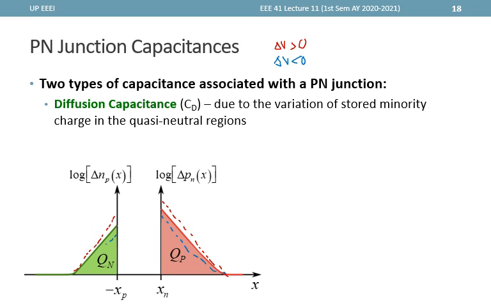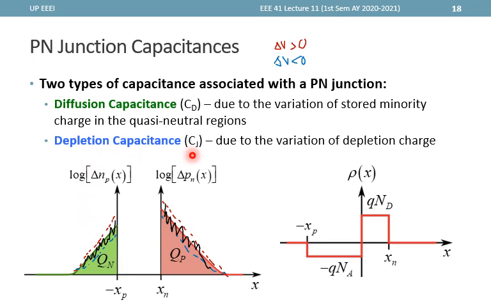And so, if we apply some sinusoidal delta V of some magnitude, then the differential charge we are actually talking about is this charge right here, and not the current DC charge or steady state charge we have.